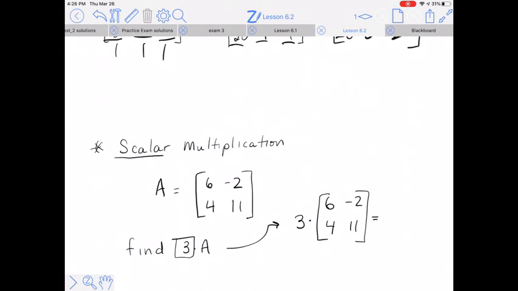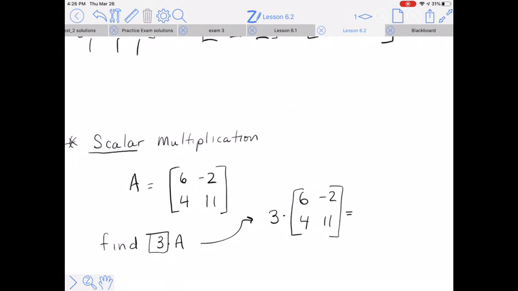And as I'm sure you've probably guessed, you just multiply each entry inside the matrix by whatever the scalar is. So every entry there is going to be increased by a factor of 3. So 6 times 3 is 18. Negative 2 times 3 is negative 6. 3 times 4 is 12. And 3 times 11 is 33. That's called scalar multiplication.